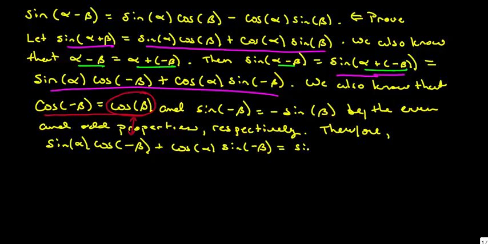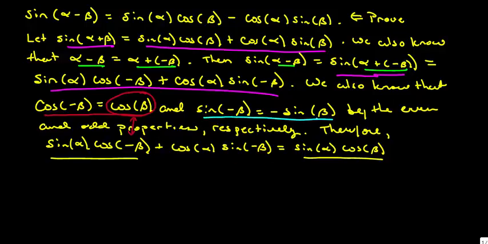is going to be equal to sine of alpha cosine beta. So that gets me this, and this negative, like I said, pops out front here. Why? Because of this. So I'm going to use this. This guy is going to get replaced with this guy. So this negative is going to just jump out front.